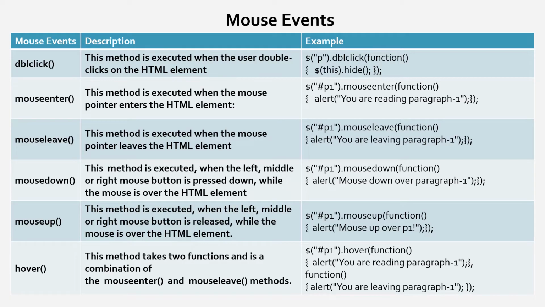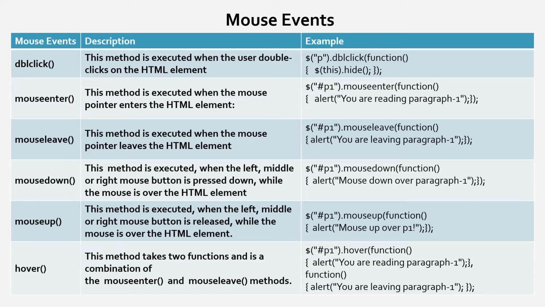We have discussed one of the mouse events, the click method, and what exactly should happen the moment you click. Now the other mouse events we will discuss using this table. The function is going to be similar.